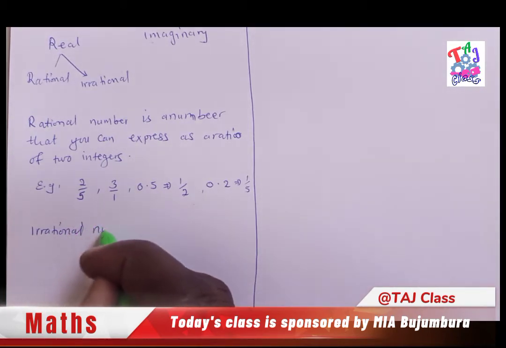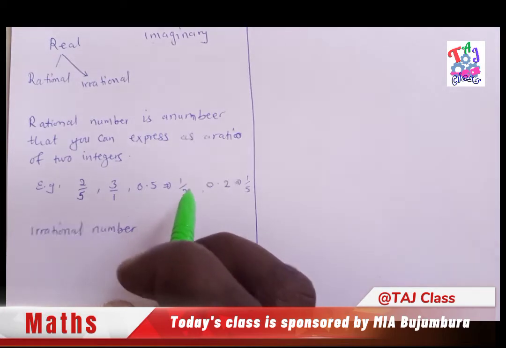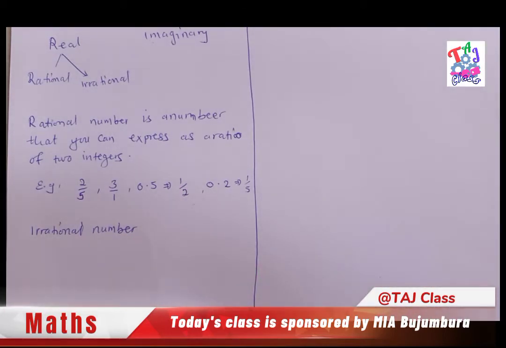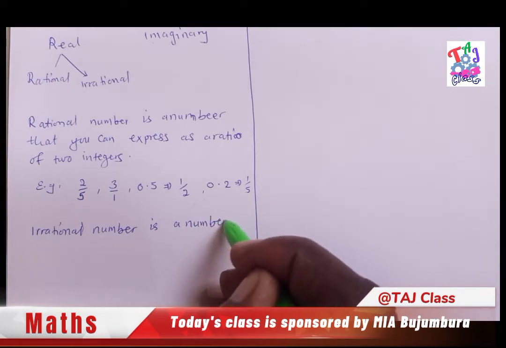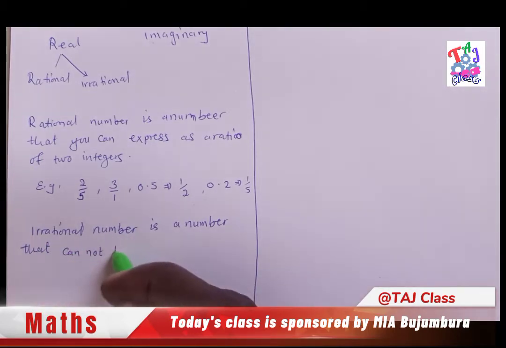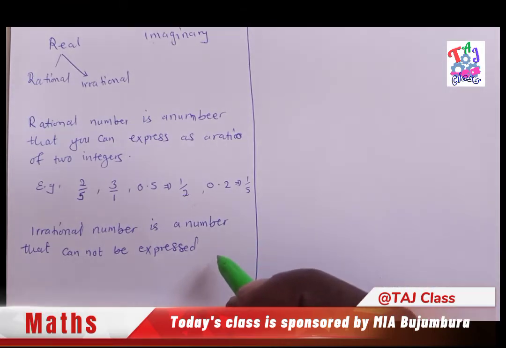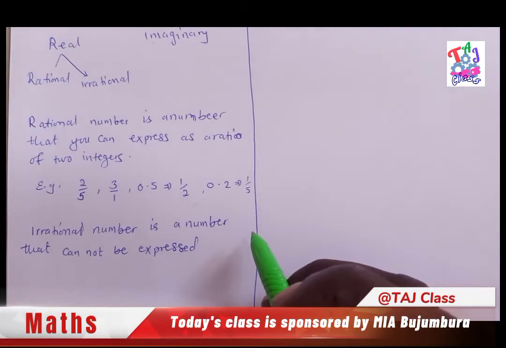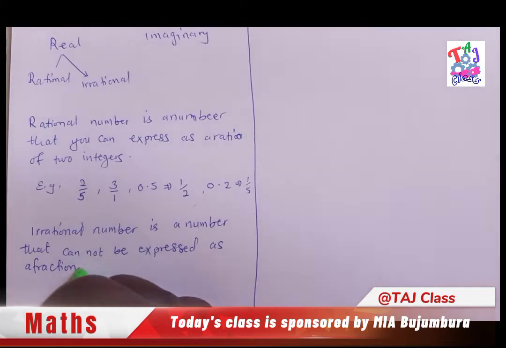Irrational numbers. Now, an irrational number is a number that cannot be expressed as a fraction and has unending decimals.